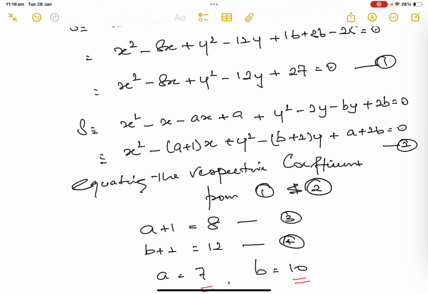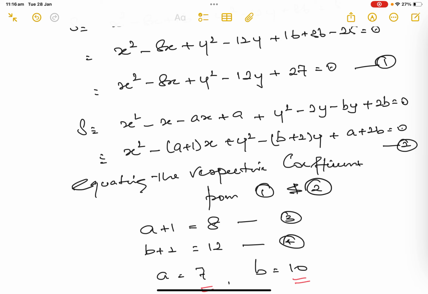Then collect similar components or coefficients. So x² − (a + 1)x + y² − (b + 2)y + a + 2b. I just took minus x out, which gives a plus 1, and minus y out, which gives b plus 2. So this is the equation of S.